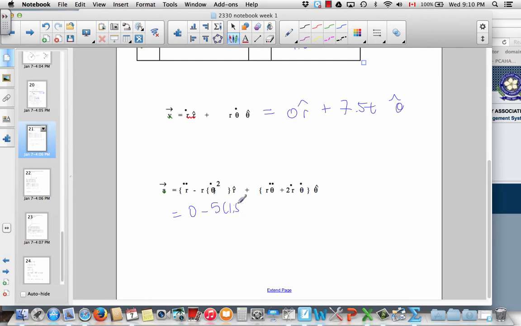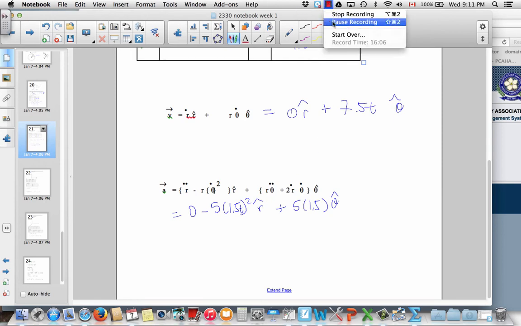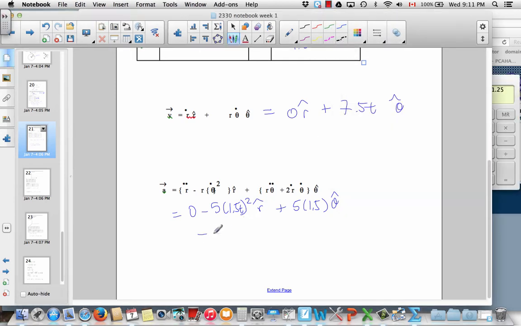This is also going to be time dependent. And then this is the v squared over r term. This term is 0, but here we've got a 5 times 1.5. So simplifying that a little bit, we get 11.25 t squared inwards, and then we get 7.5 in the theta hat direction.